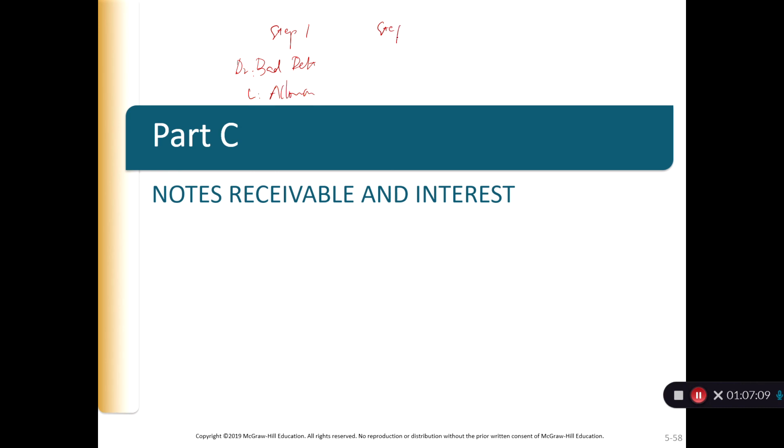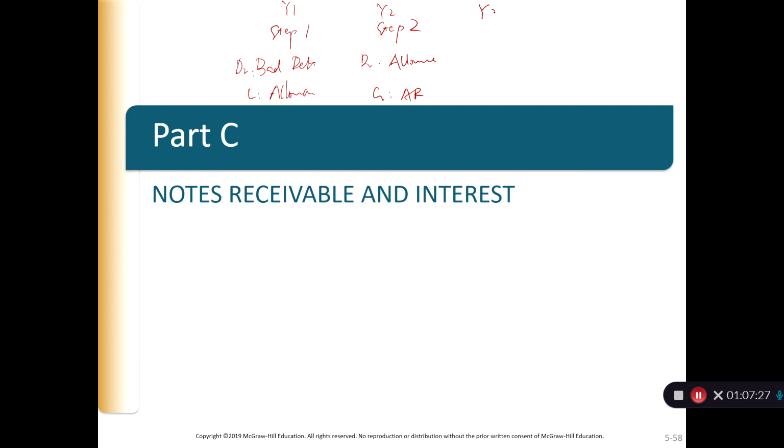Step 2 is, when you are in year 2, you find out people really are not paying you. You are debiting the allowance account and crediting accounts receivable, right?